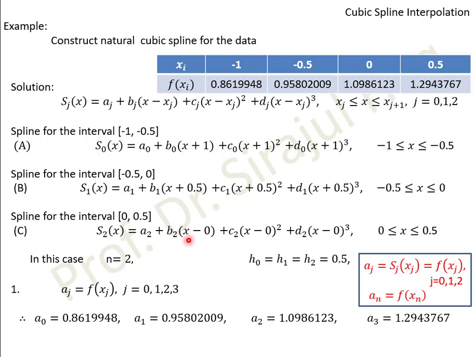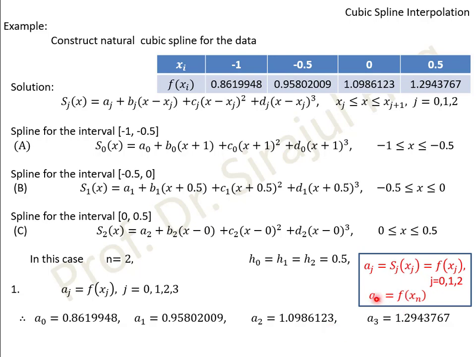Similarly, for A2, replace x by 0, and in this equation all the terms will become 0. You will be left with A2. A2 is equal to S2 of 0, and S2 of 0 according to the definition is f of 0, and f of 0 is given by this quantity. That's the reason I'm writing A2 is equal to this quantity.